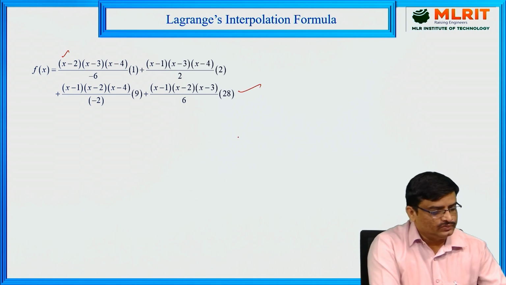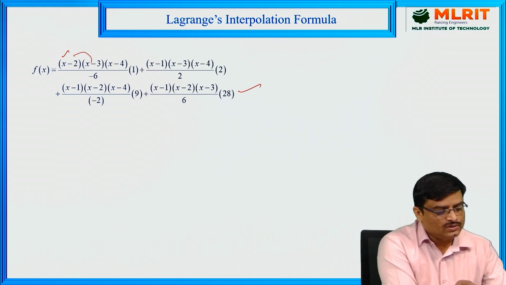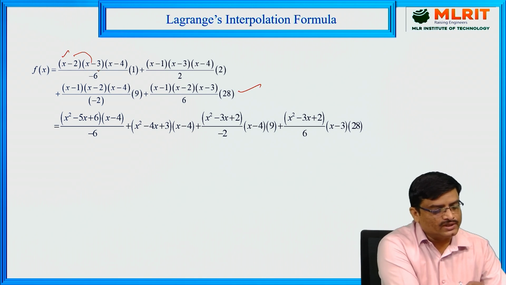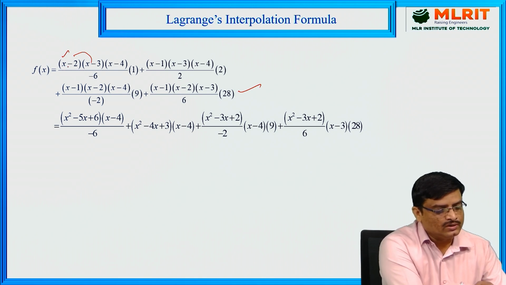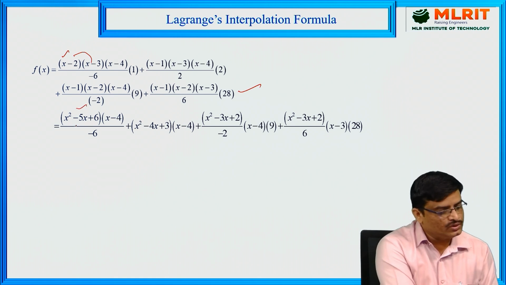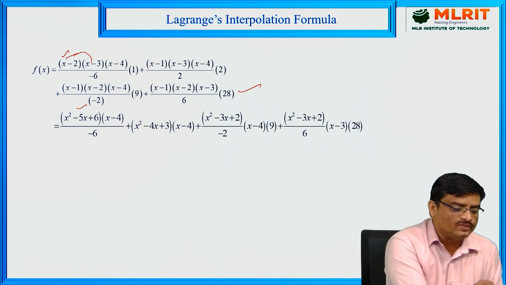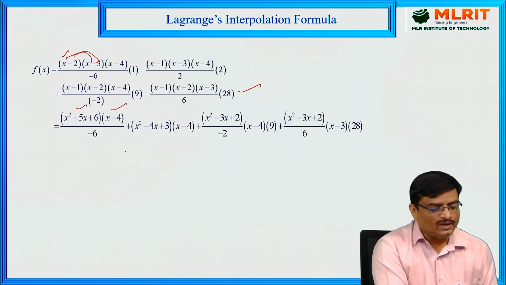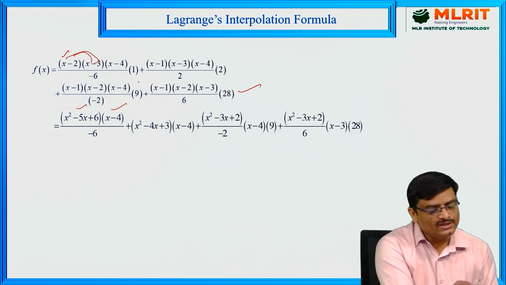Now you multiply these two terms and simplify. If you multiply x minus 2 into x minus 3, x into x is x square, minus 3x minus 2x, that is minus 5x, plus 6, minus into minus. We know how to multiply these two factors, and then you will get the remaining one, x minus 4. Like this, you simplify.